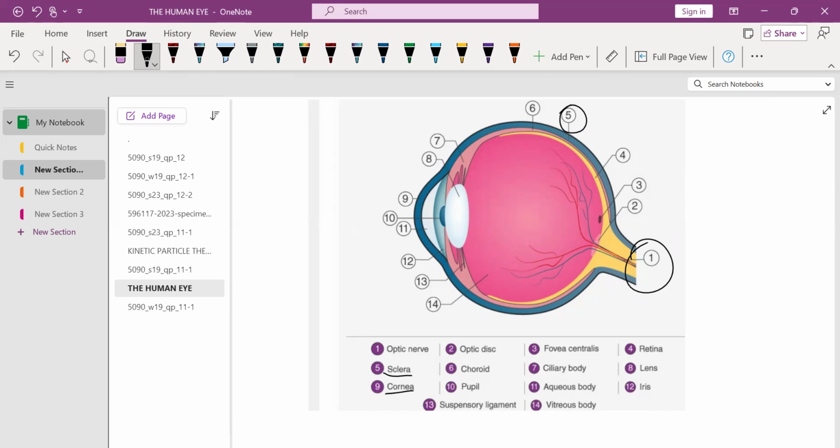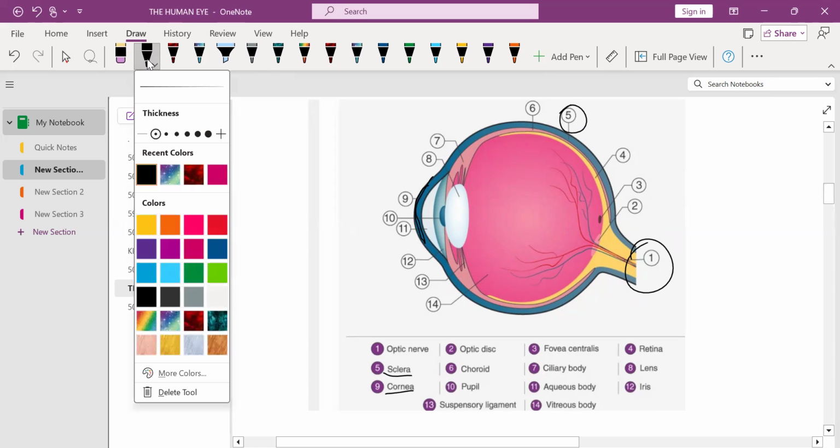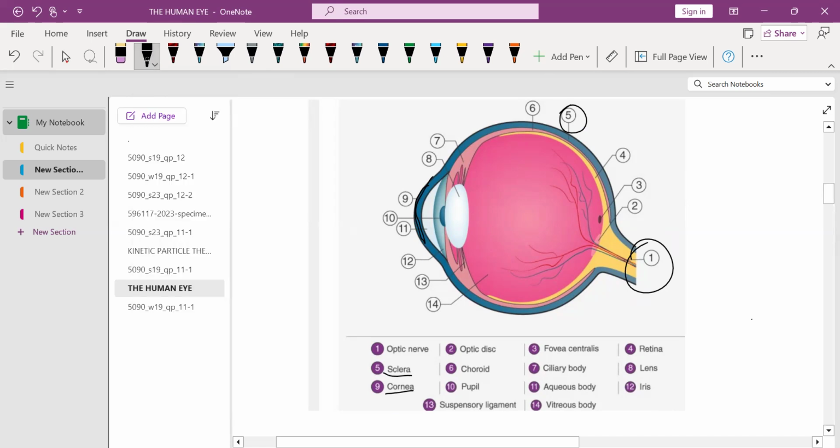Then the cornea, which is ninth. This curved part is the cornea. Then the second layer of the eye, which is six, is the choroid layer. Then the third layer of the eye, which is the retina, is labeled as 4.